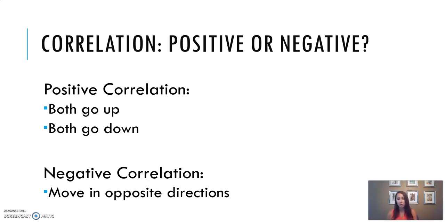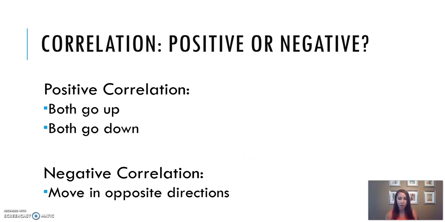That is a negative correlation because this thing over here is going up and this thing over here is going down. So the easiest way to keep this straight is: positive, they're moving together, whether up or down. Negative, they're moving opposite.